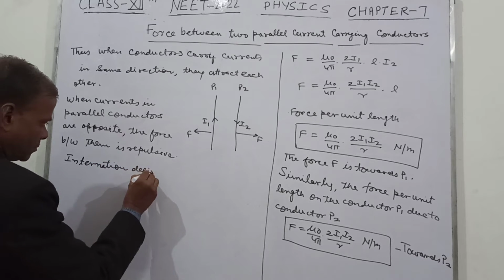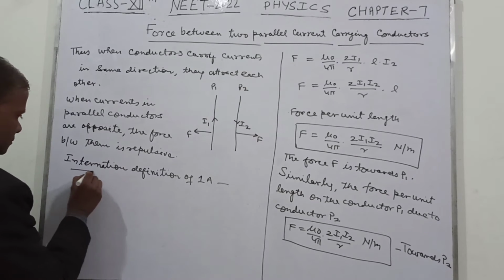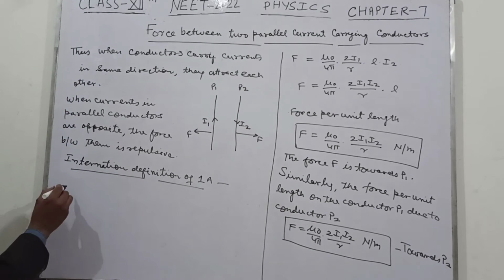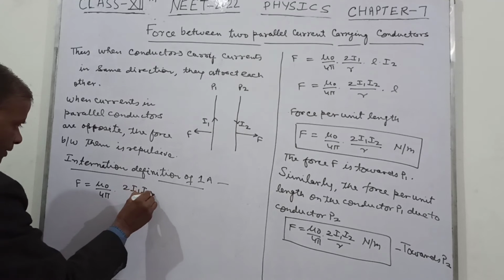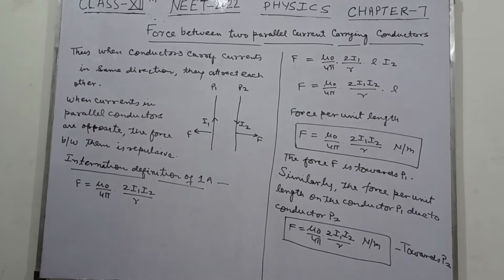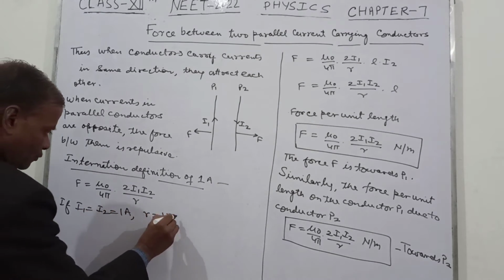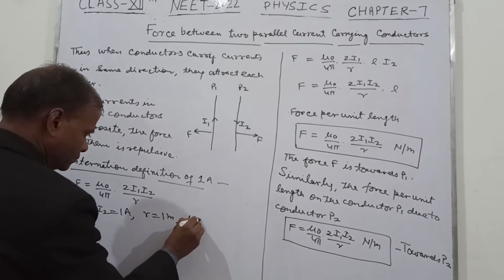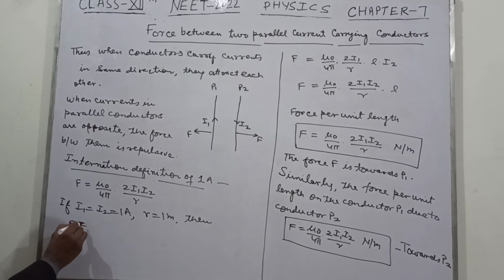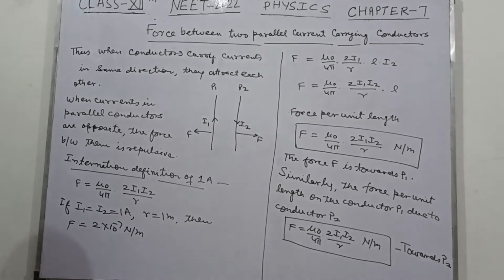Now we are using this relation F equal to mu naught upon 4 pi into 2 I1 into I2 upon R. So what we have, that if I1 equal to I2 equal to 1 ampere, R equal to 1 meter, then F equal to 2 into 10 raised to the power minus 7 Newton per meter.